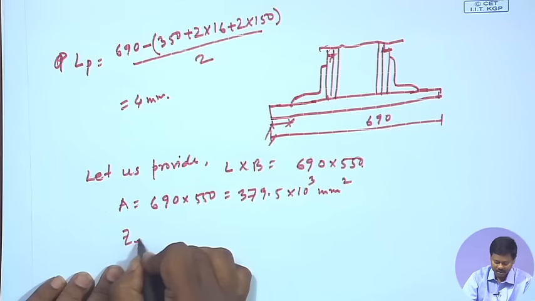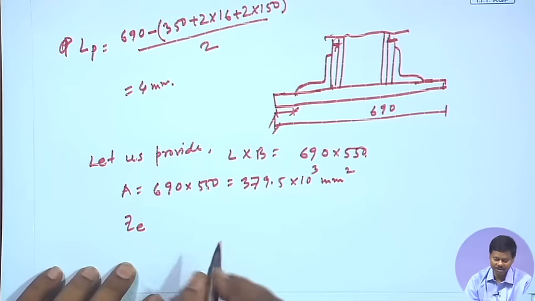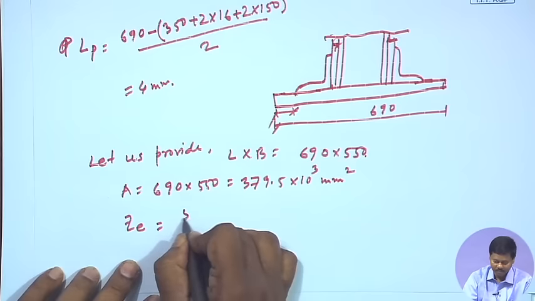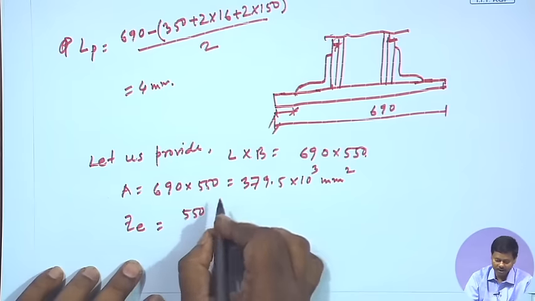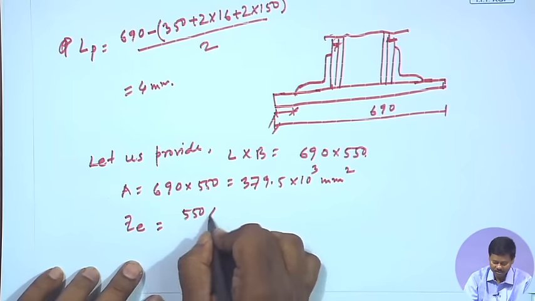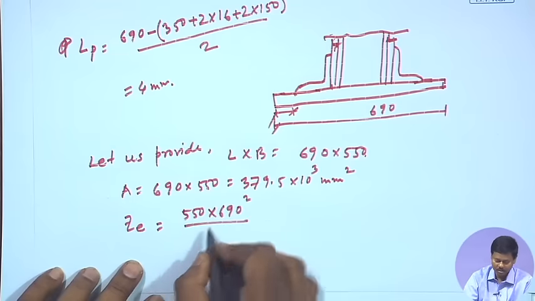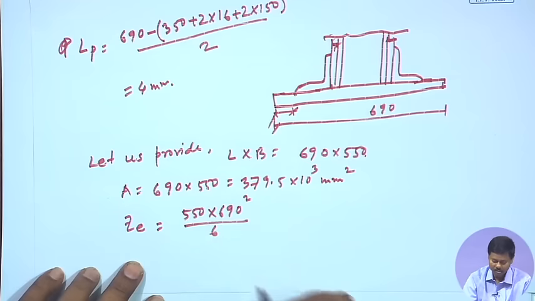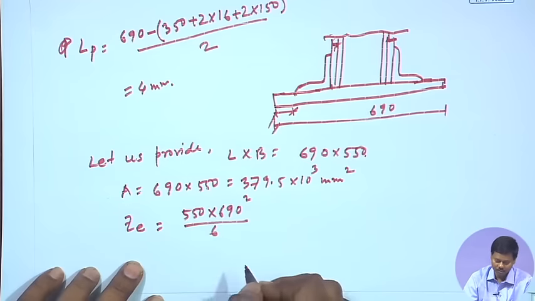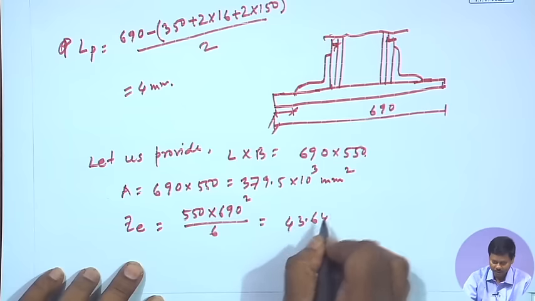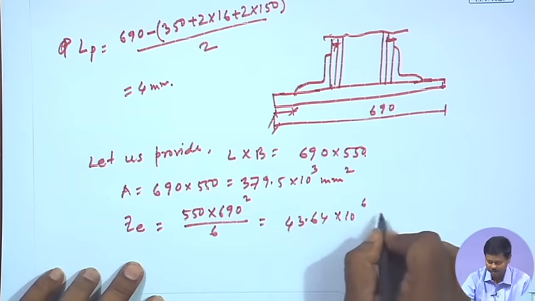And Z E, the elastic section modulus, I can find out, that is B d square by 6, 550 into d square by 6, which will be 43.64 into 10 to the power 6 millimeter cube.